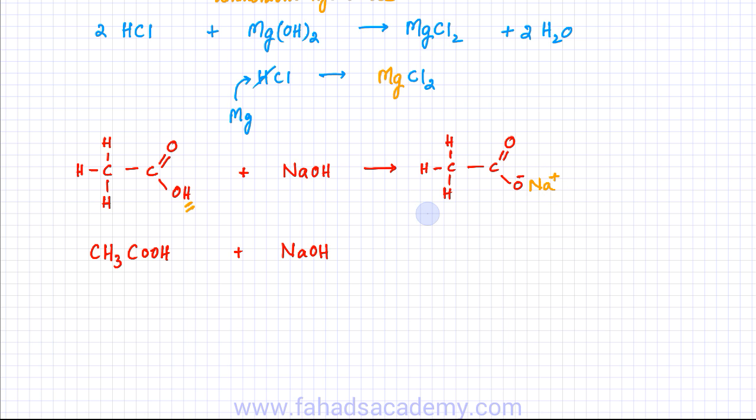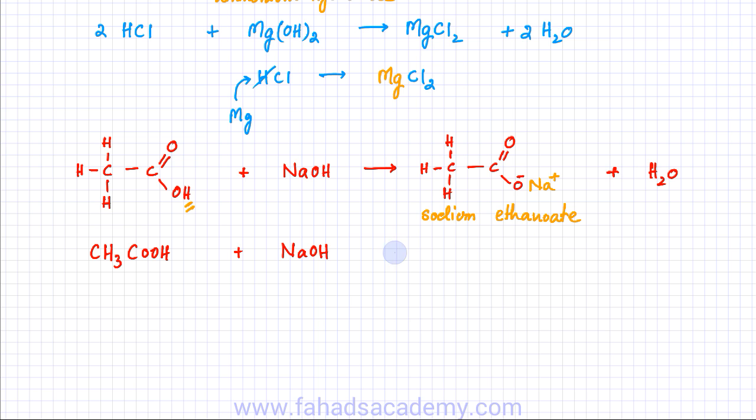It's called sodium ethanoate. Since it was an ethanoic acid, the salt would be called an ethanoate. So it's sodium ethanoate. Sodium is the metal. And the last thing that we are forgetting, the most essential thing, is that a water molecule is going to be produced. It's going to be a product in this reaction. So this is your balanced equation.